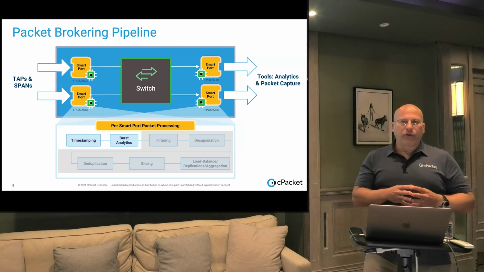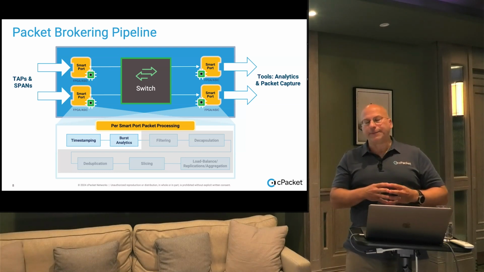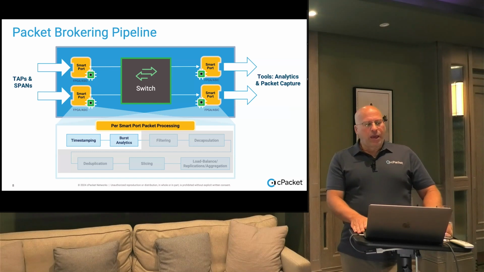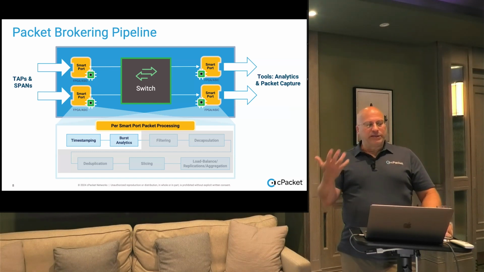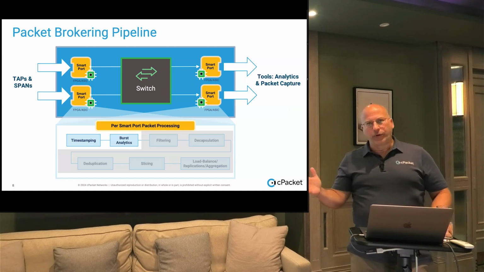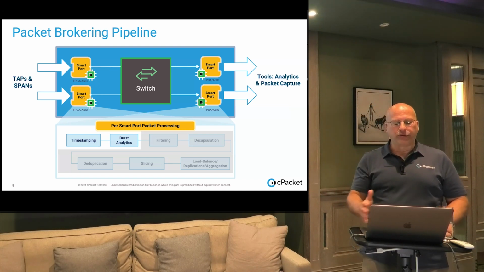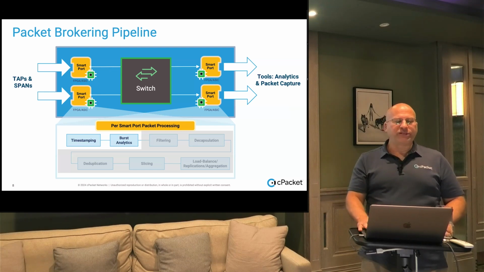So we're really talking about accuracy within a minimum number of nanoseconds. That timestamp is added to the packet as a trailer, and everything that is done down the road, whether it's our devices or our tools or any other tool, can leverage this timestamp to understand the actual timing of things along the network.